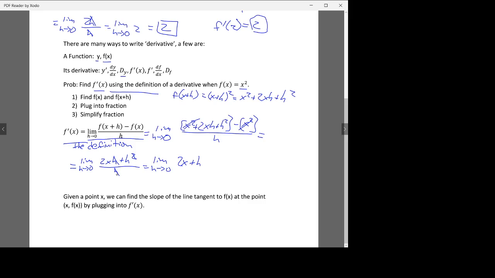So that 1 on the bottom, you just divide by 1 and not leave it in there. Then we can plug in the 0 for h. There's that 0, and anything plus 0 is itself. And this is the general form. So for any x value, we know the slope of the tangent line with that crazy function.